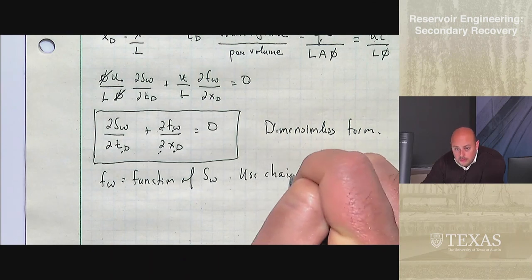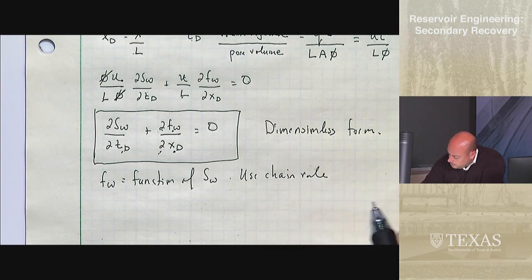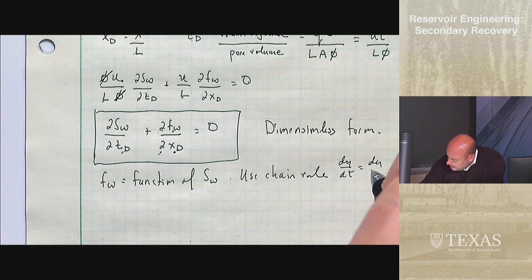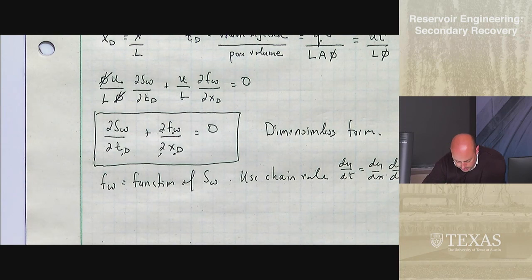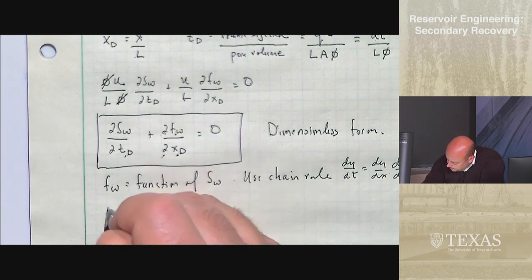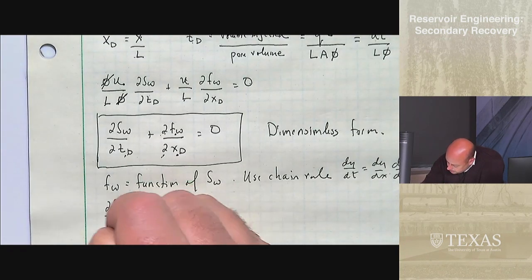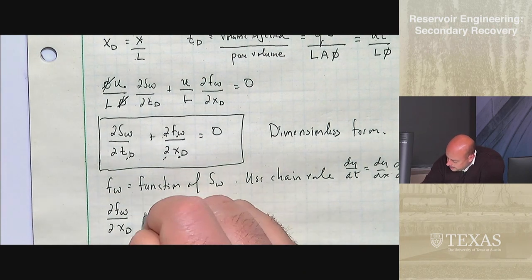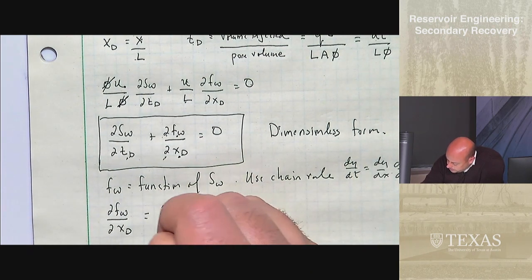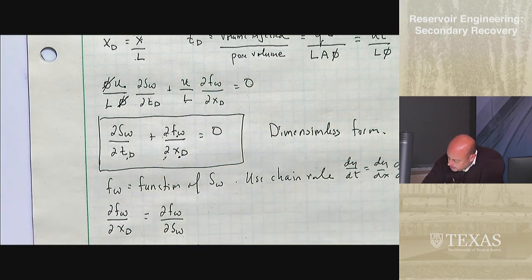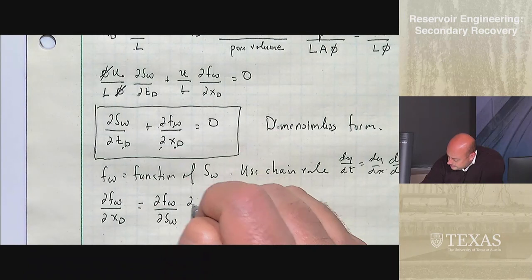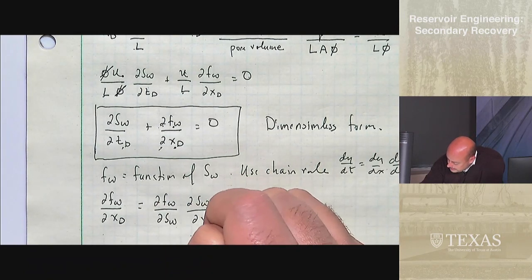You remember the chain rule, right? dy/dt is equal to dy/dx times dx/dt or something. We're going to do that here. So the partial of fw with respect to xD is the partial of fw with respect to saturation, because fw is a function of Sw, times dSw/dxD.